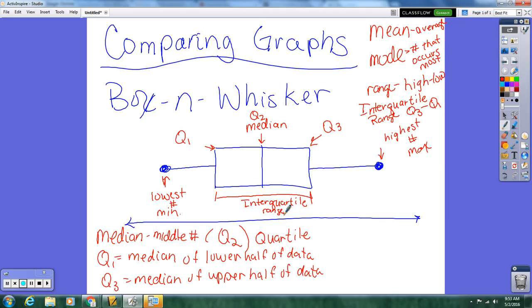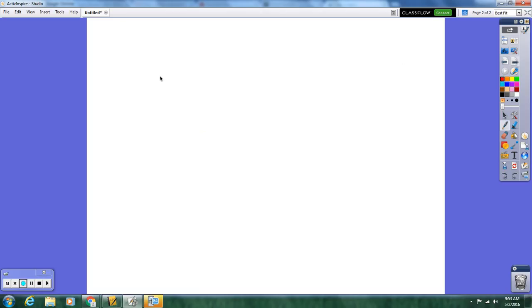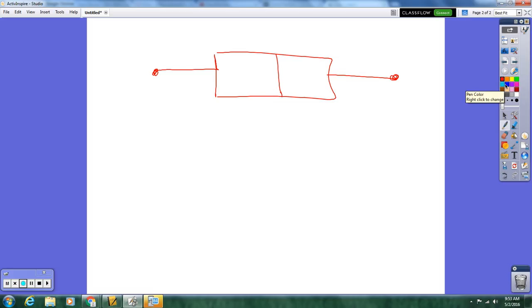And a box and whisker plot is divided up into 4 parts. You've got 25% of the data right here, 25% here, 25% here, and 25% is there.